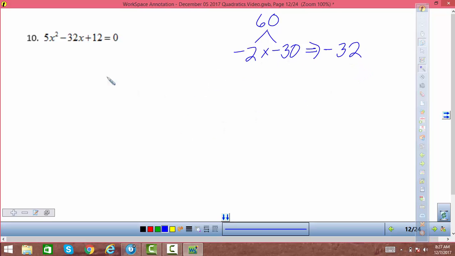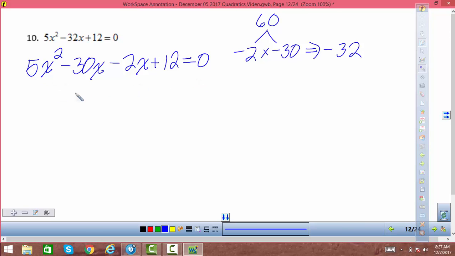So the 30 is evenly divisible by 5. So I'm going to group it with the 5x squared. So minus 30x, then minus 2x plus 12, all equals 0. Evenly divisible by 5, evenly divisible by 5, so I'm going to factor out 5x here, so that leaves me with x minus 6.